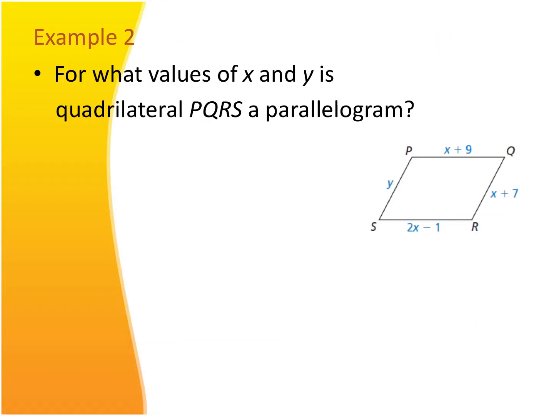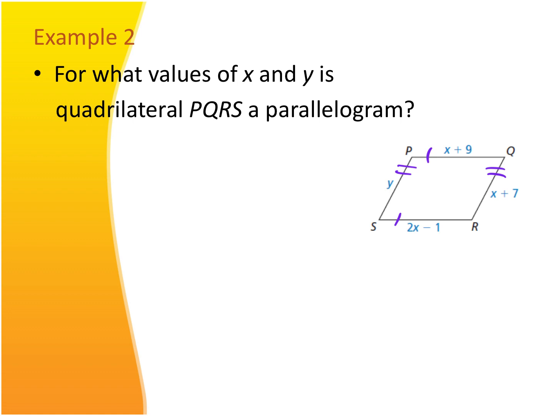The next one says, for what values of x and y is quadrilateral PQRS a parallelogram? Well, I know that in order for this to be a parallelogram, my opposite sides need to be congruent. So I'm going to set my first equation.